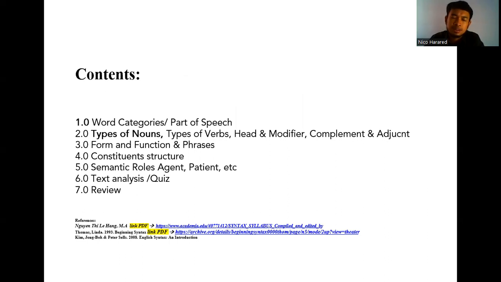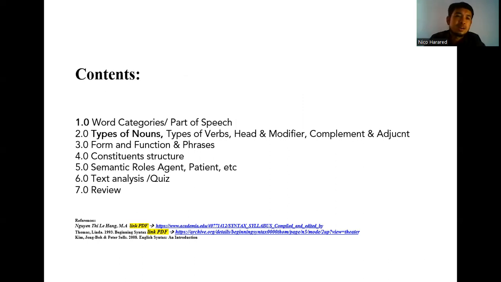In this first session until the mid-test, we are going to talk about word categories or parts of speech. Then for the second meeting, we are going to talk about types of nouns, types of verbs, head and modifier, and complement. The following one, we talk about form and function and also phrases.